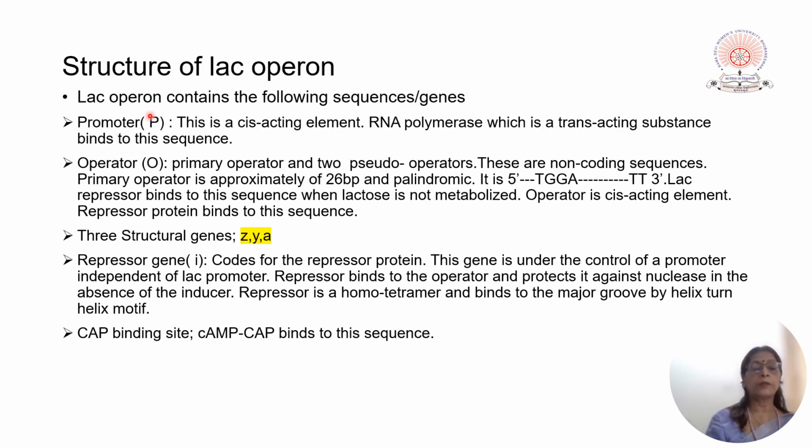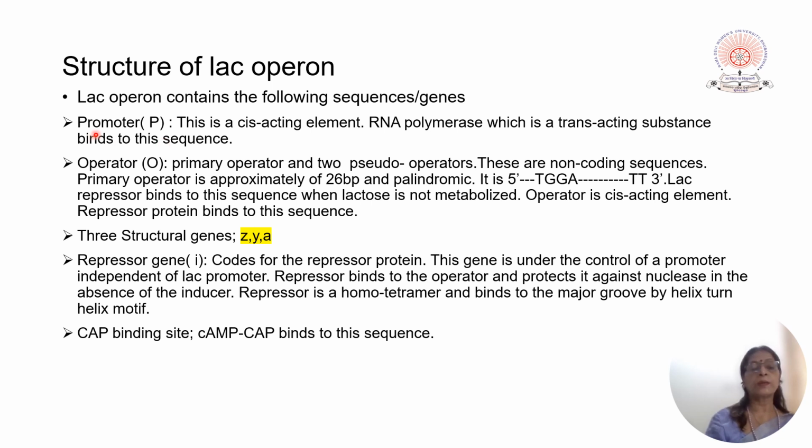The lac operon is under the control of these elements: promoter, operator, structural genes, repressor gene, and CAP binding site. The promoter is cis-acting because it is in the same DNA as the gene.